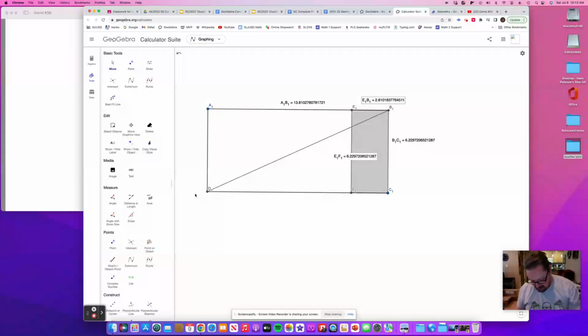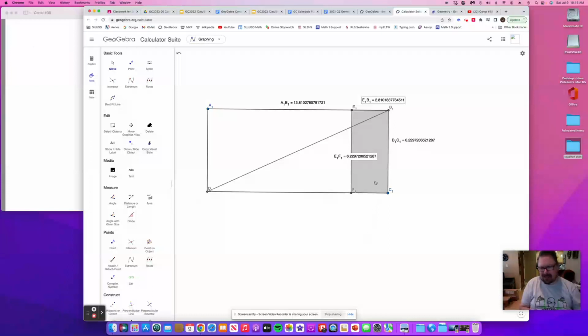And this other ratio is 2.217. So they're both equal to the same proportion, which means both rectangles are similar.